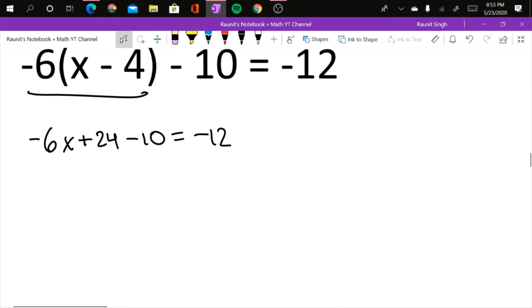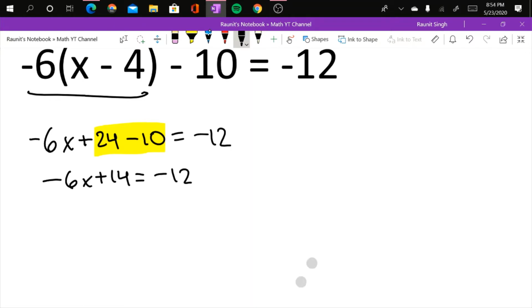Okay? And now we're going to bring all the numbers to that side. Well, first we're going to simplify the numbers on this side, so that's a little bit easier. So we have negative 6x plus 14 is equal to negative 12. Now we are going to subtract 14 from both sides in order to get negative 6x is equal to negative 12 plus negative 14.